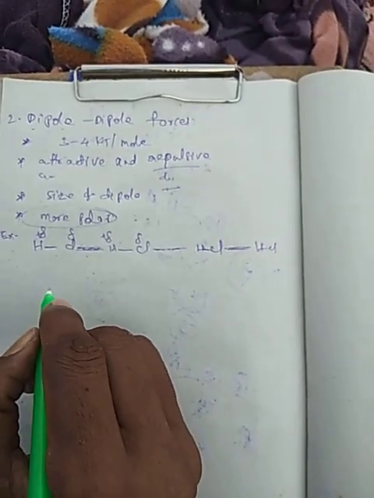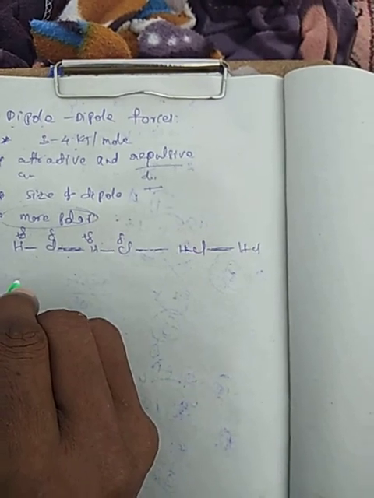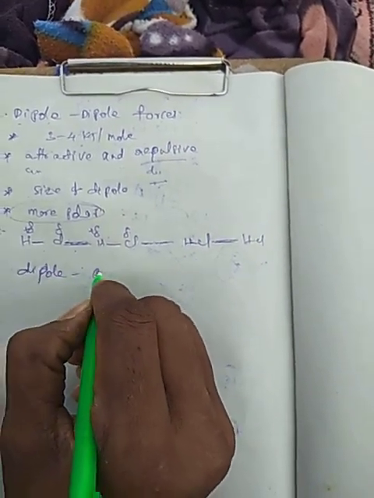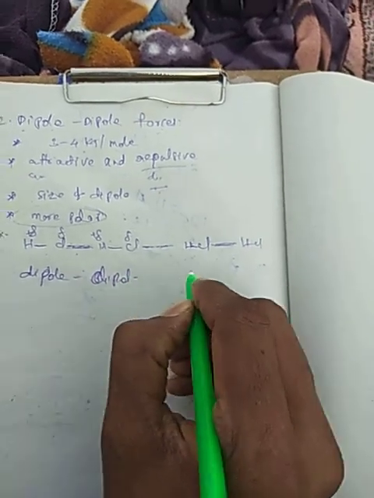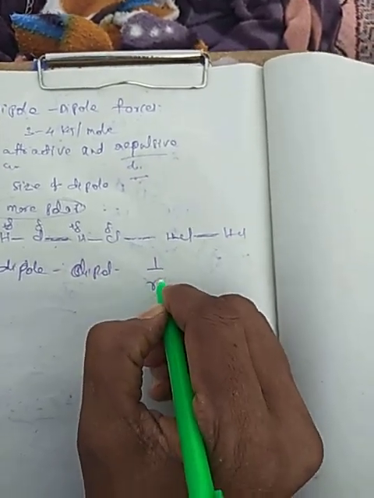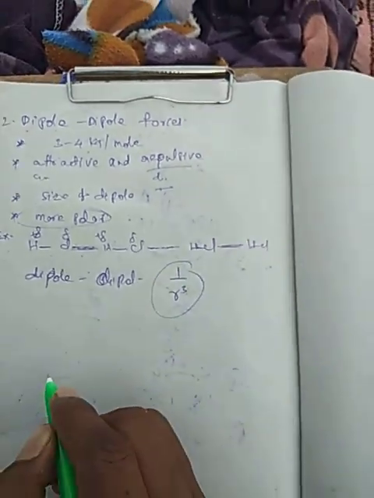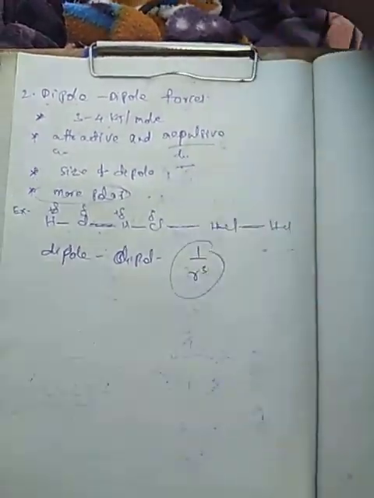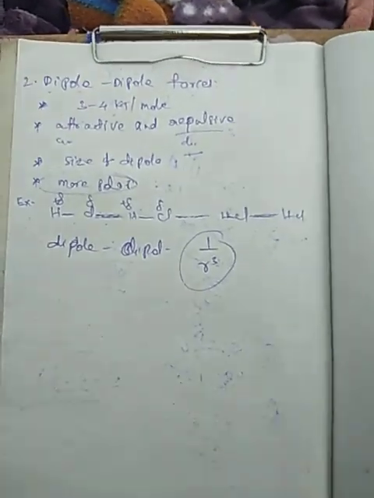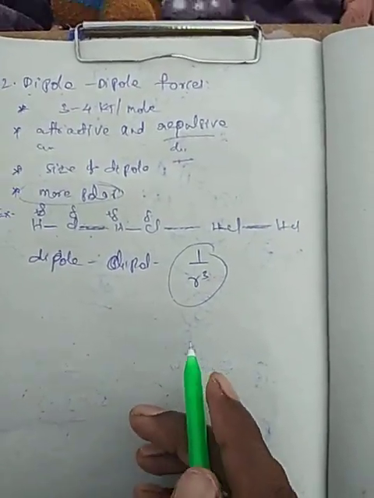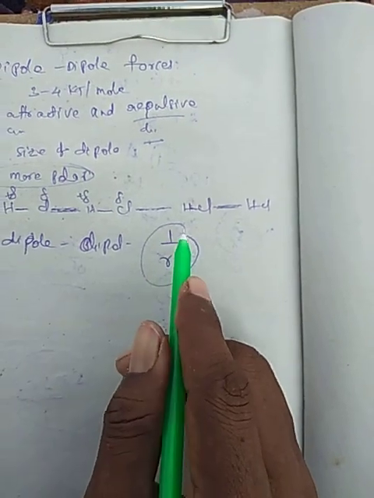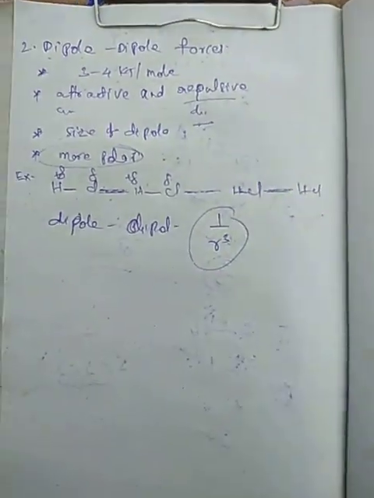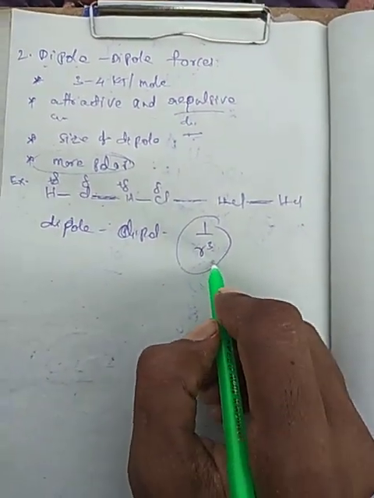In this case, for dipole interactions, the range is 1 by r cubed, that is, 1 over r cubed. It is the interaction between rotating molecules, proportional to 1 over r power 3.